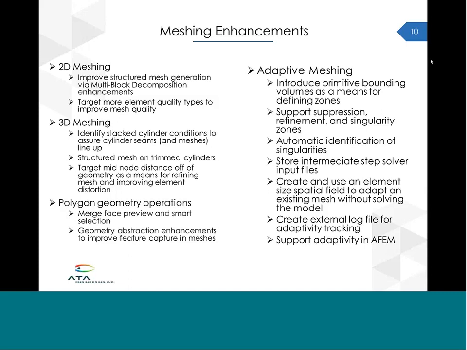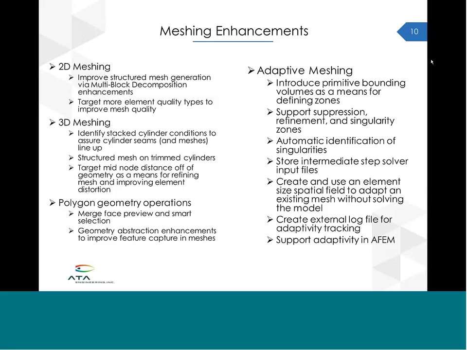And another big area of enhancement is this bullet that you see on the right-hand side, adaptive meshing. This is a way of having the software iteratively refine the mesh for you in cases where you're not entirely sure what the appropriate mesh density is, or you have certain stress concentrations that you don't want to unduly bias your results.